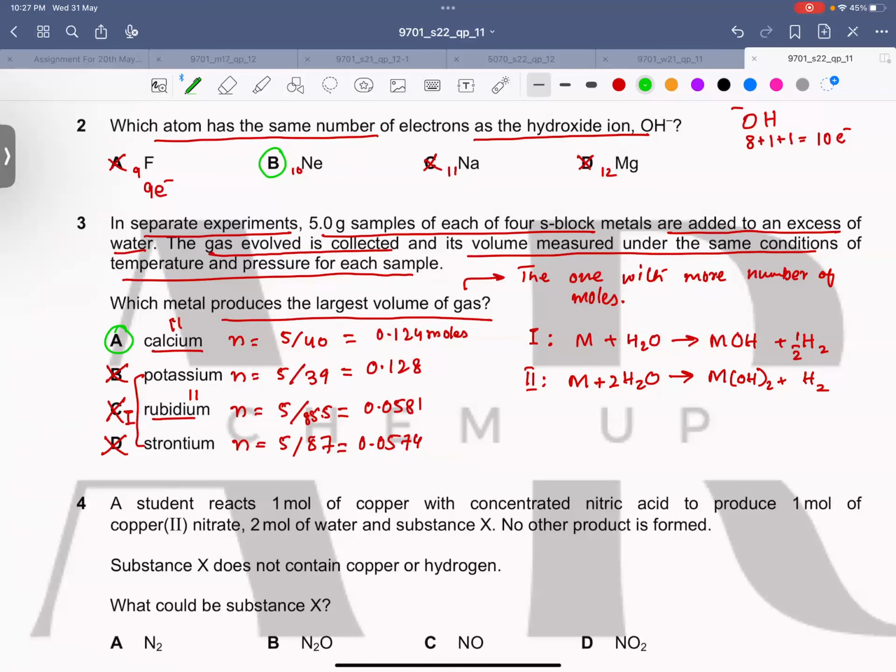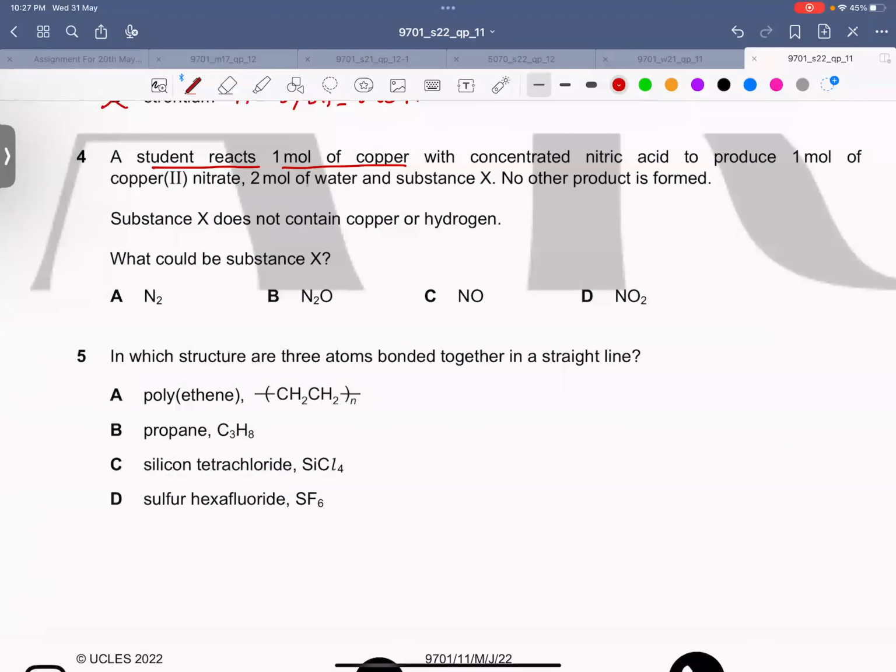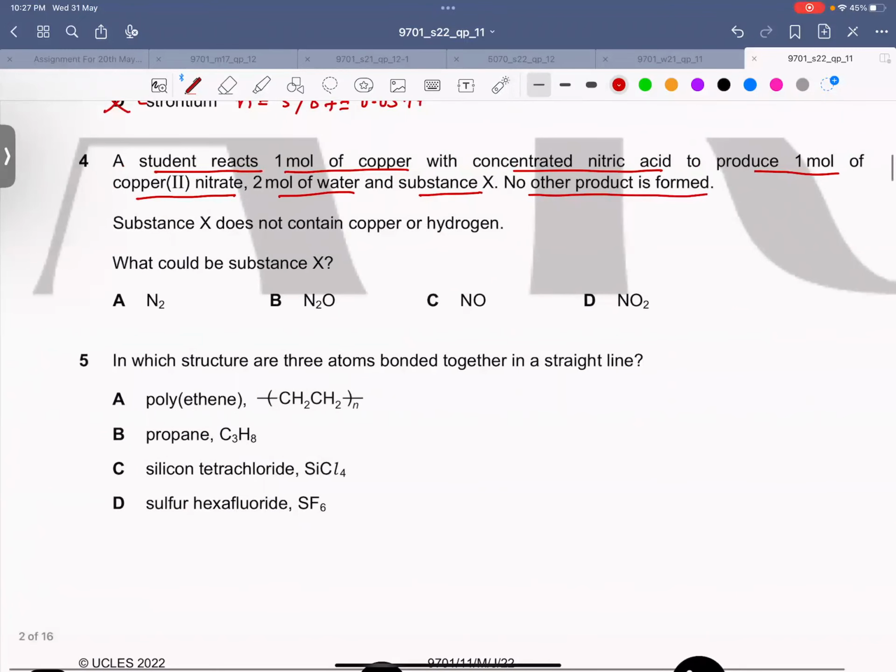Okay. Now question number 4. A student reacts 1 mole of copper with concentrated nitric acid to produce 1 mole of copper(II) nitrate, 2 moles of water, and substance X. No other product is formed. Substance X does not contain copper or hydrogen.